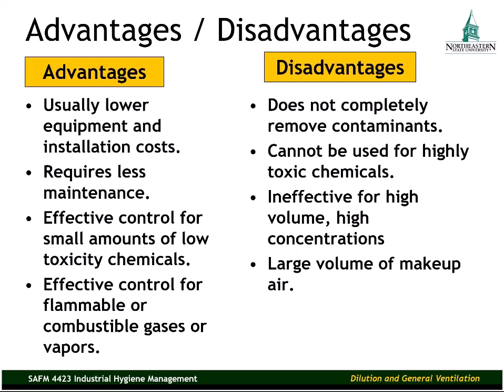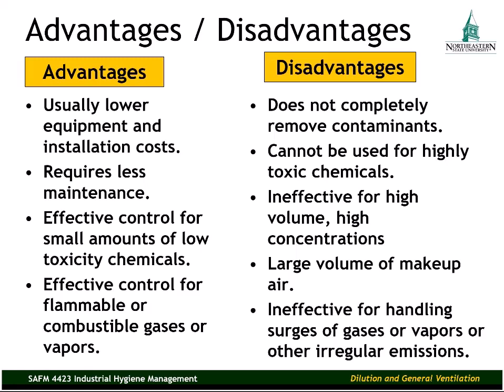Another disadvantage or problem with dilution ventilation is that it's not real good for controlling a surge of a contaminant. It's best to use dilution ventilation when the concentration level is fairly constant throughout the work process.